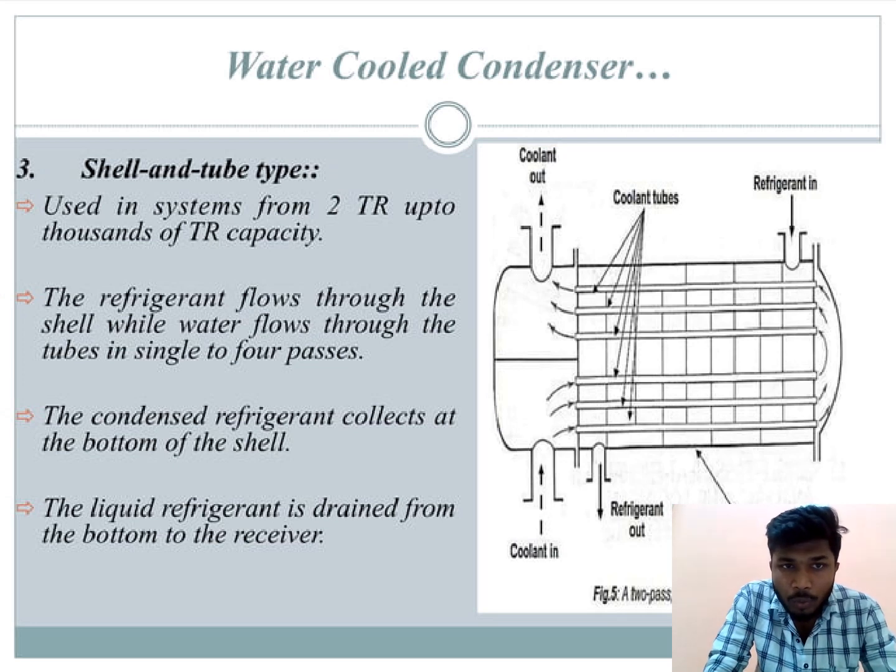Shell and tube type. In this third type, we use 2 TR up to 1000 TR capacity. The refrigerant flows through the shell while water flows through the tubes in a single flow of four passes, like we see in the figure, there are four passes. The condensed refrigerant collects at the bottom of the shell. The liquid refrigerant is drained from the bottom to the receiver.